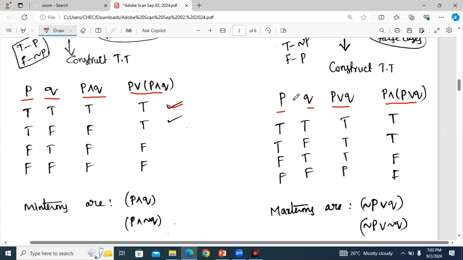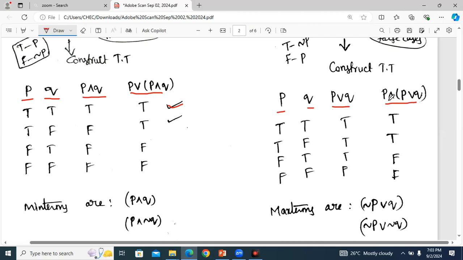For P, the truth values are true, true, false, false. For Q, true, false, true, false. For disjunction, if both P and Q are false, then P or Q is false, otherwise it is true. So the case where both P and Q are false is the fourth case, where the truth value is false. In the remaining cases, true. Then the compound statement P and (P or Q).